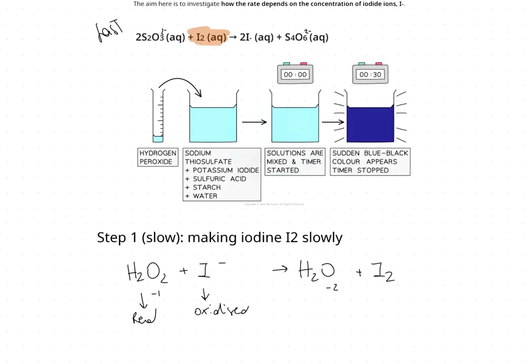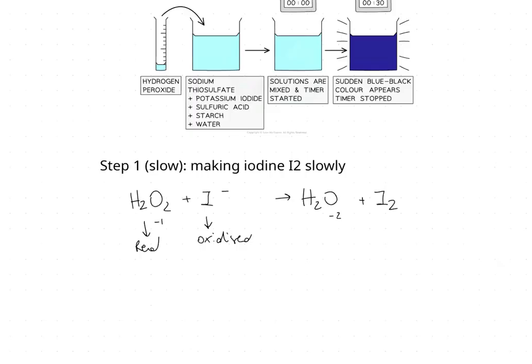Okay, and then you can balance it. We can balance the half equations in the acidic solution. So that's the first step. It's a redox reaction, but it's slow. The second step, which is very fast, removes the iodine immediately.